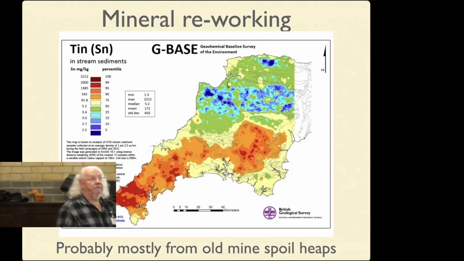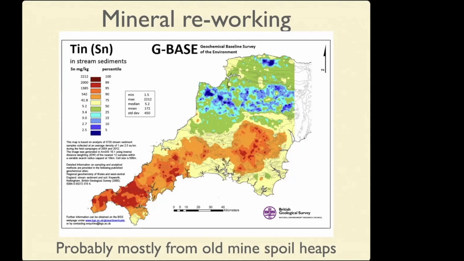Although quite a lot of streams in the West Country, they were looking for placer deposits within them, so there was quite a lot of stream tin mining as well.